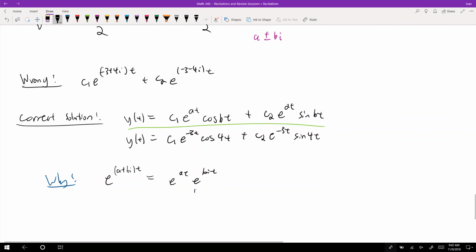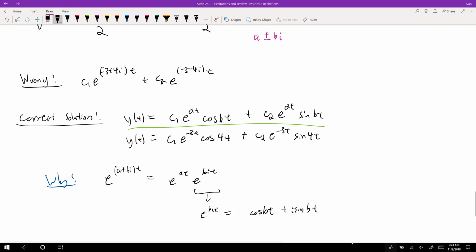But if we look closely at what e to the ibt is, it's equal to cosine bt plus i sine bt, and that's Euler's formula. I don't know if they introduced this in 104 or something like that, but certainly not 114. But that's what e to the ibt is.